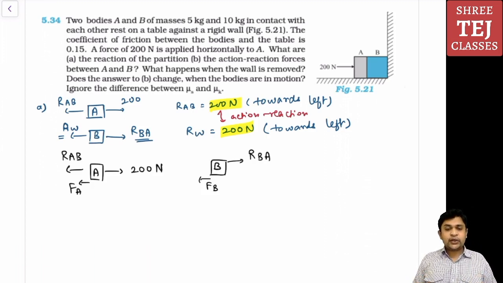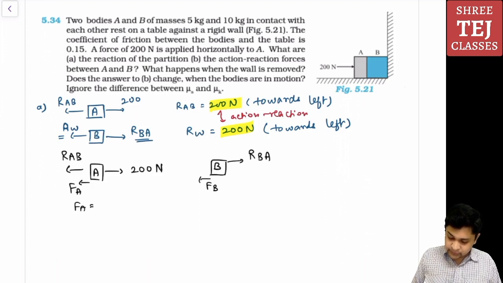Now let us calculate what will be the frictional forces on each of them. So what will be their individual frictional forces? Now if we assume that they will move, FA will be mu into MA into G, so 0.15 into 5 into 10.